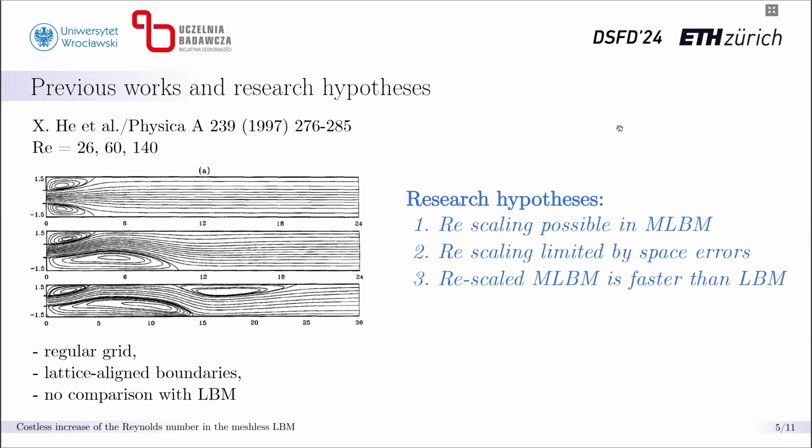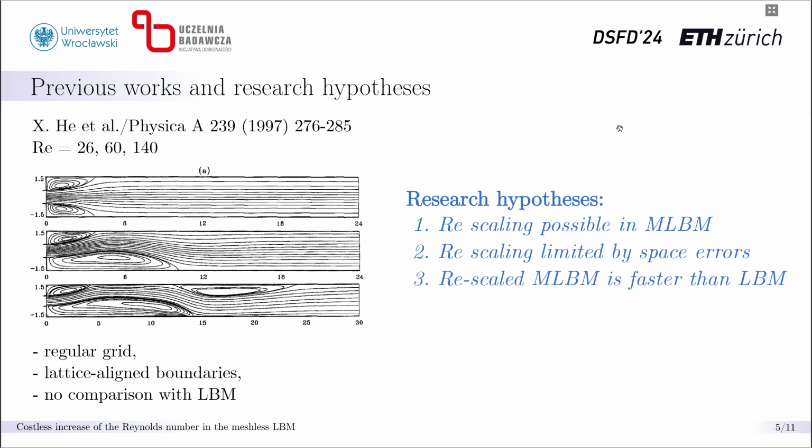So this approach to changing Reynolds number in interpolation supplemented LBM in general was presented by He and others in a 1997 paper. And we extend their work in several ways now. We apply this Reynolds number scaling procedure to scattered discretizations with meshless approximation.